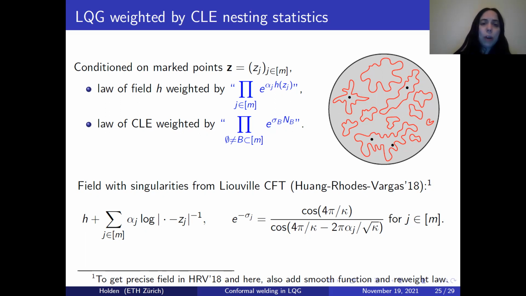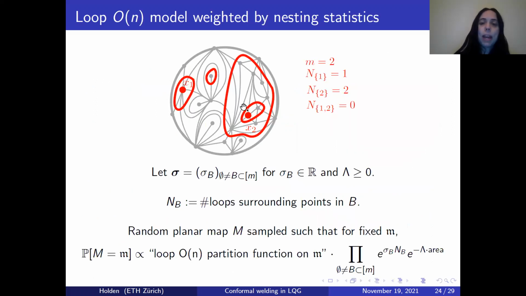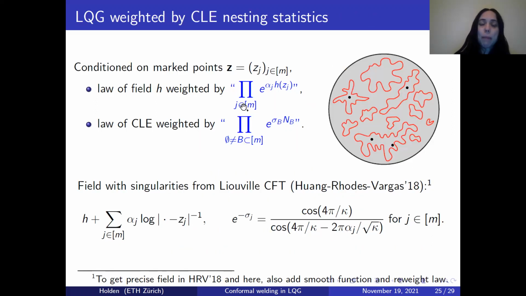We also argue in our work that if you look at the scaling limit of the loops on the planar map, then this should be given by a variant of CLE, such that, heuristically speaking, the Radon-Nikodym derivative of our CLE relative to the regular CLE is given by this term that you can see in blue.